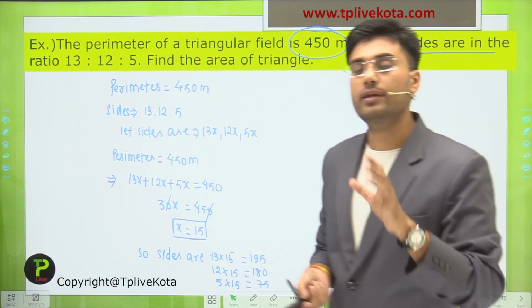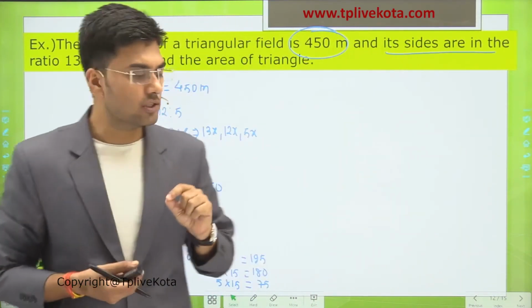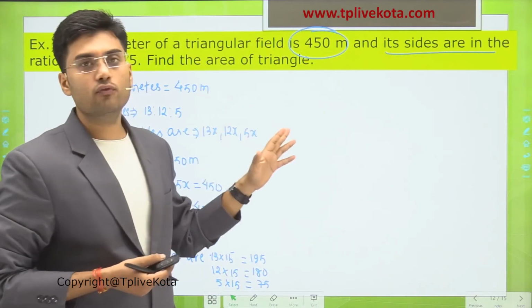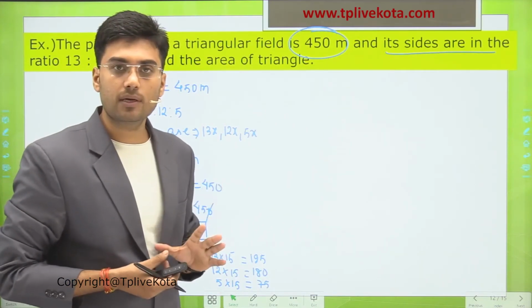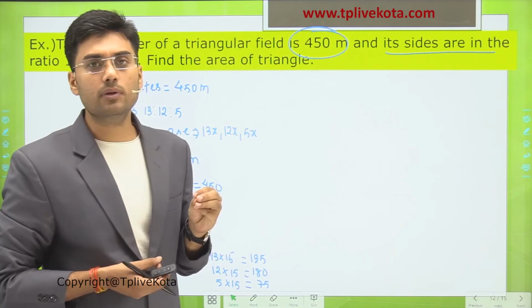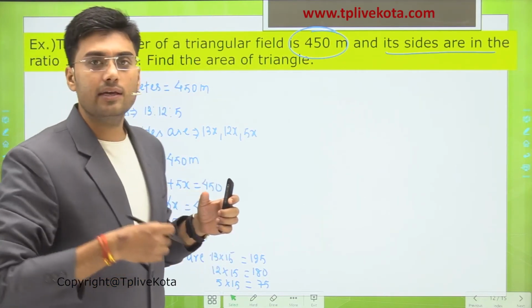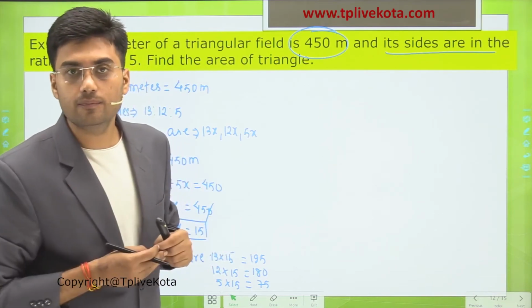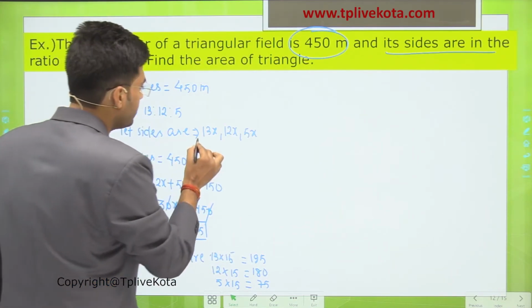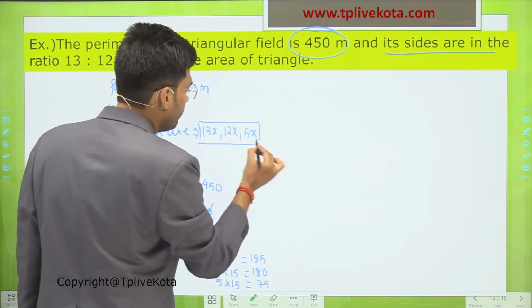We have to find the area of the triangle. Students, to find the area of a triangle we can use Heron's formula, but Heron's formula is lengthy. So let's check, can we find the area of this triangle by any other method? Here it is given that the sides are 13x, 12x and 5x.